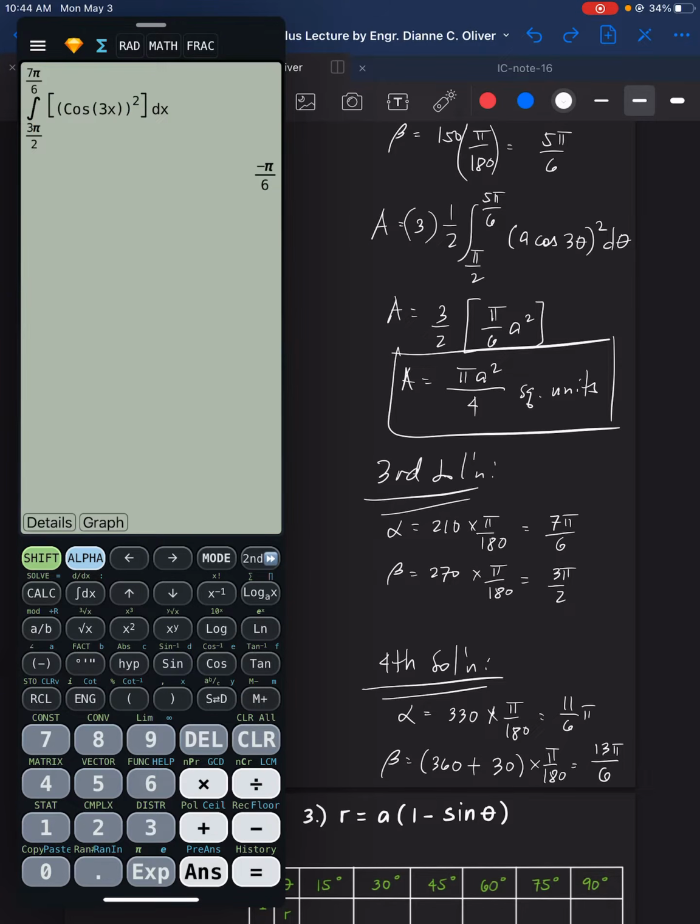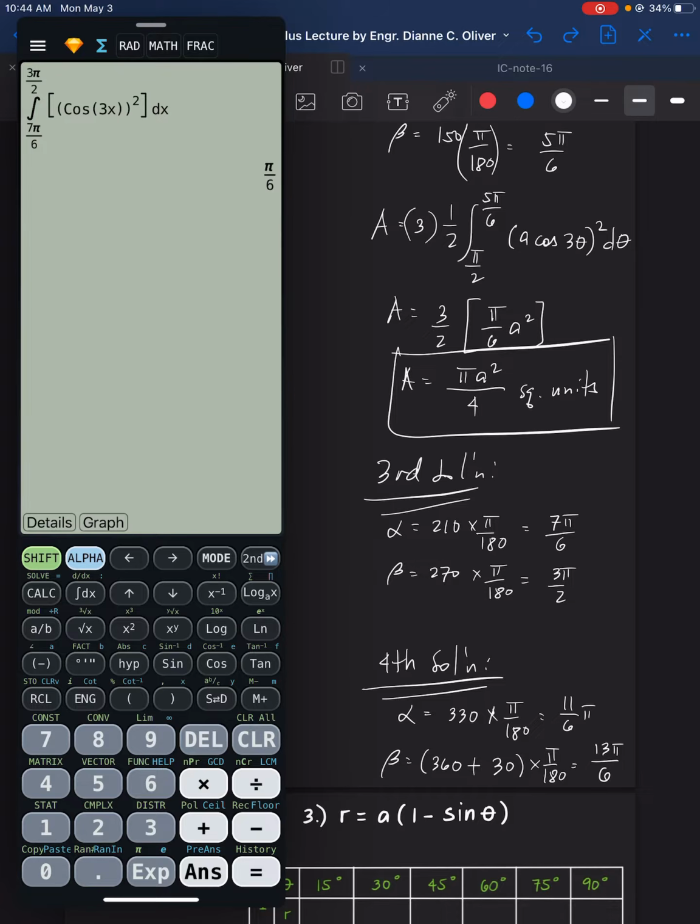Oh, sorry, it should be 7 over 6. The upper limit, the beta, is 3 pi over 2. Pi over 6. There you go.